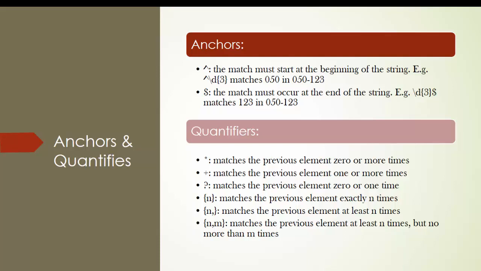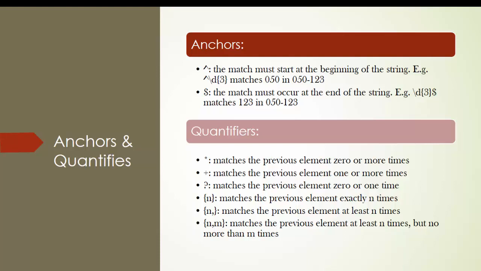You can also check for quantities, like quantifiers. So if you want to check if something exists 0 or more times, then you need to use the * sign. If something or a pattern exists 1 or more times, so at least 1 time, then you need to use the + sign.